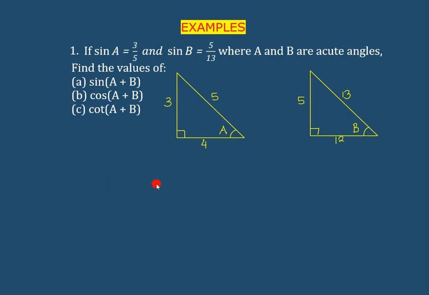This one is an example which requires us to use the compound angle formula.